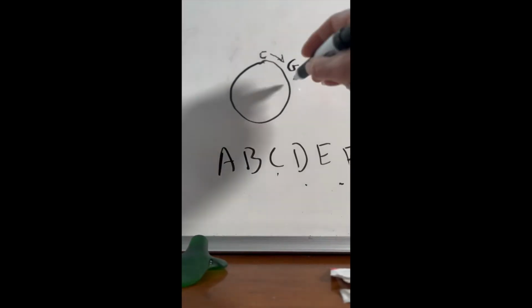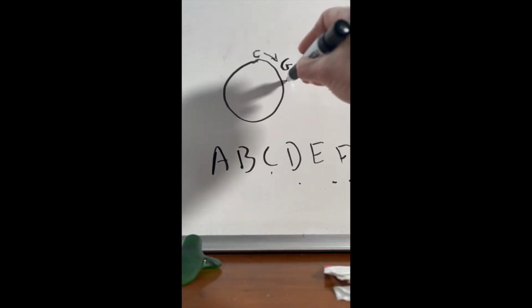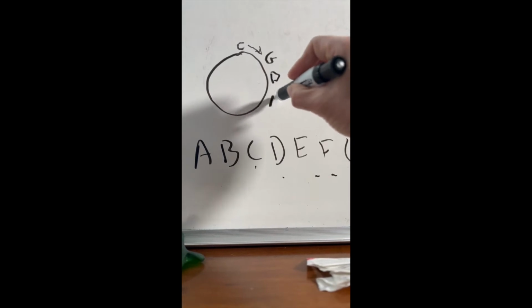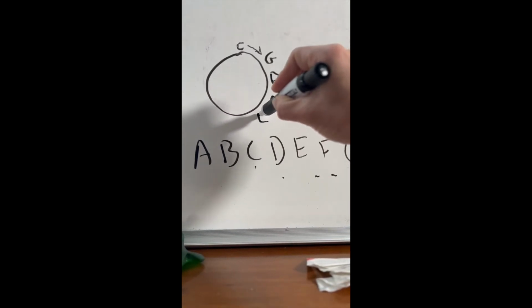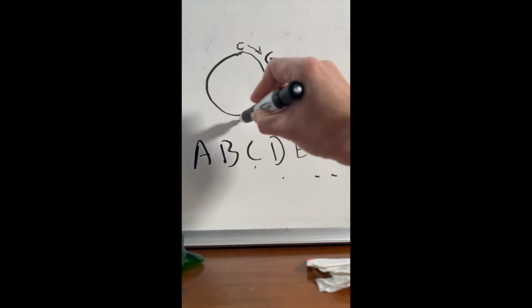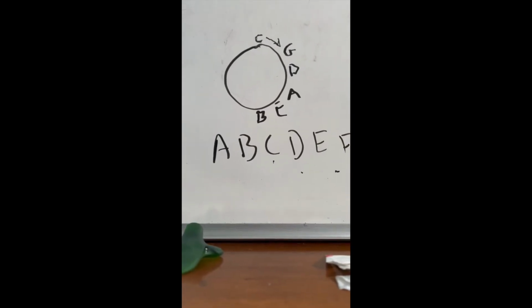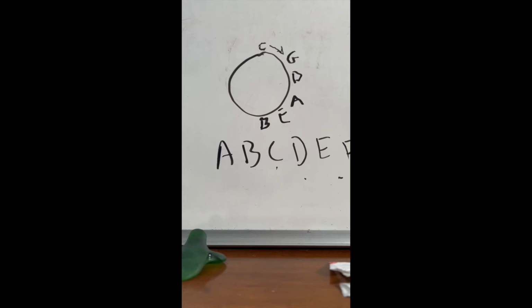And now if I go 5 from G, I would then have D. And then 5 from D, I would have A, I would have E, and I would have B. So right there, I have the start of my circle of fifths.